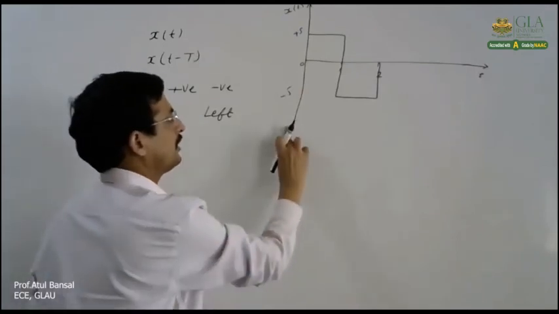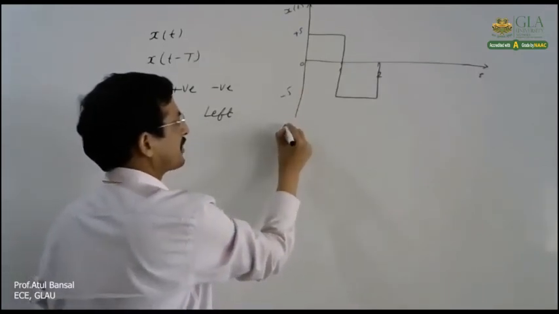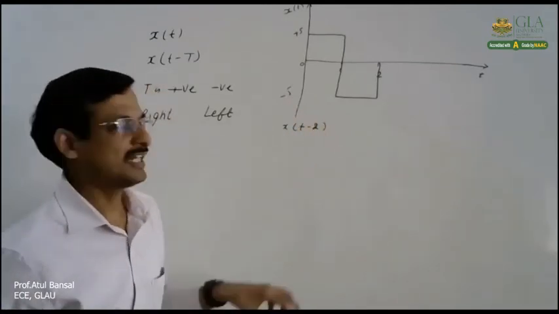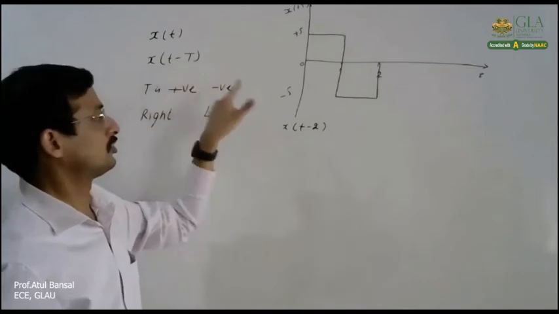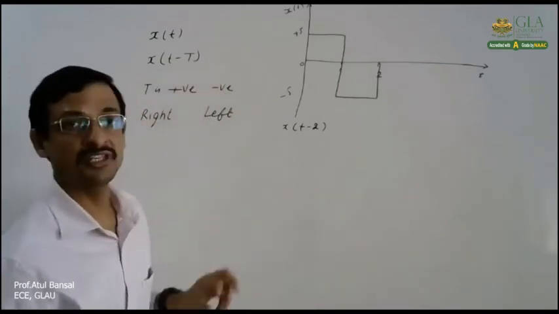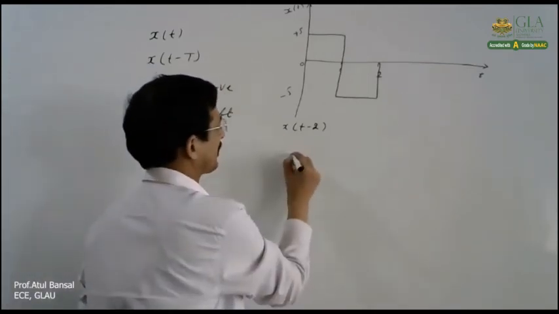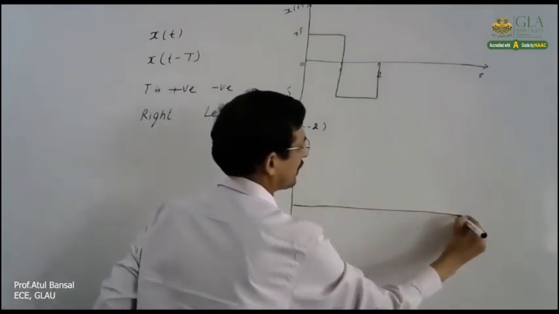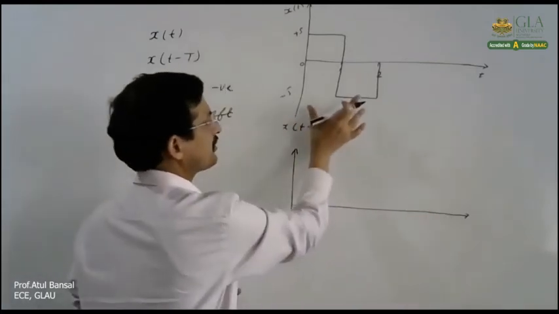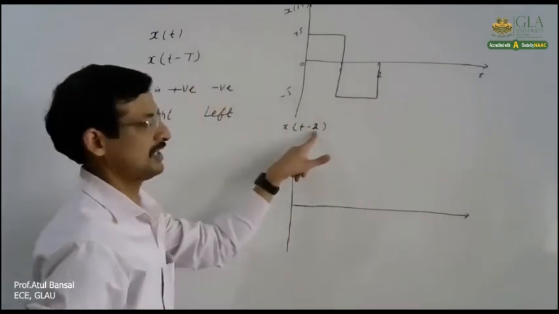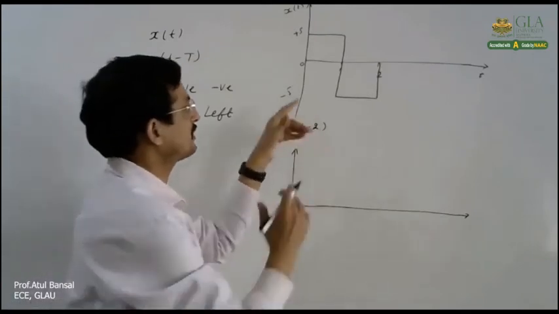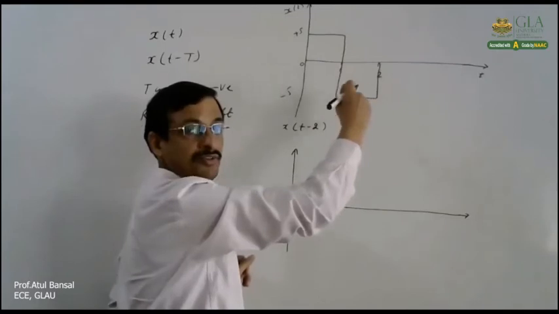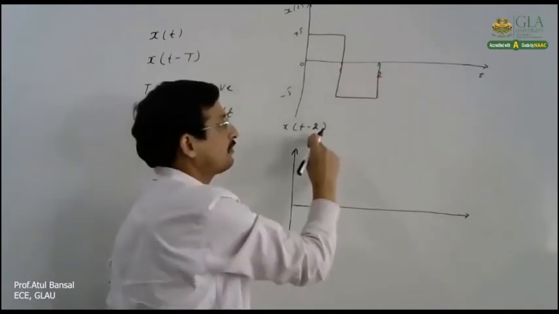Now we want a new signal y(t), which is x of t minus 2. That means capital T is 2 and is positive, so there will be a shifting to the right hand side. This signal will get shifted by 2 units, that is, capital T units. Whatever is the value at 0 will now come at capital T, that is at 2. Whatever is at 1 will come at 1 plus capital T, that is 1 plus 2, 3.